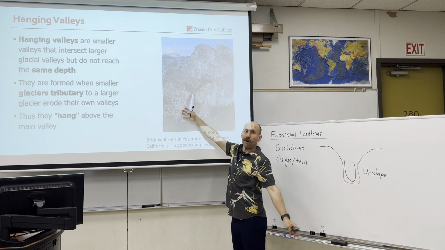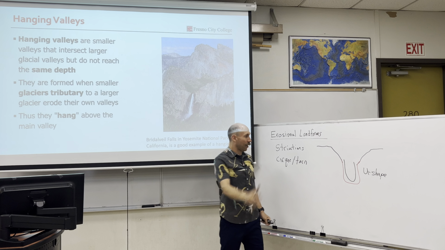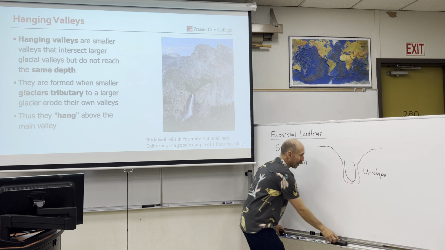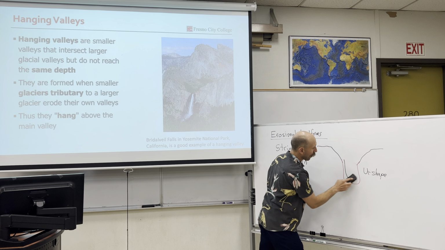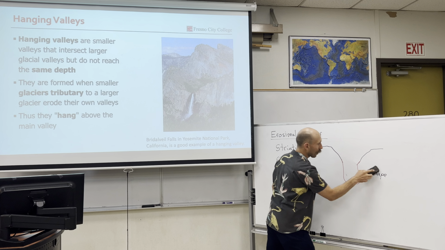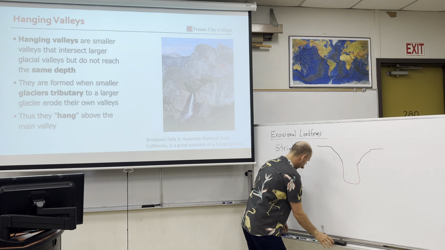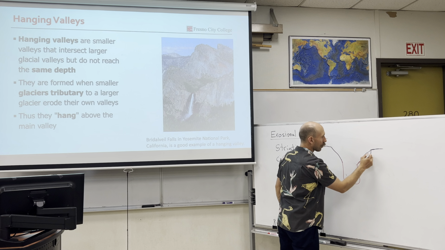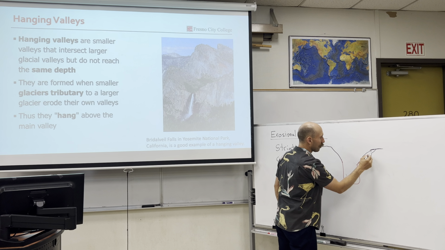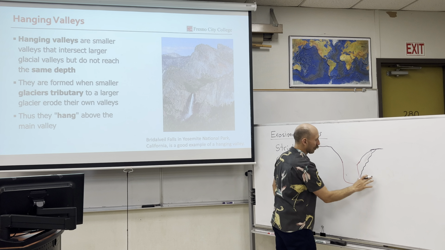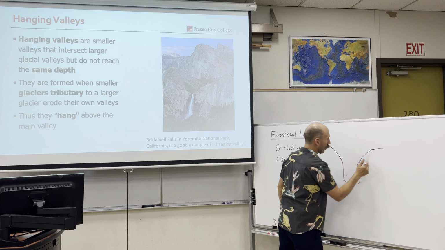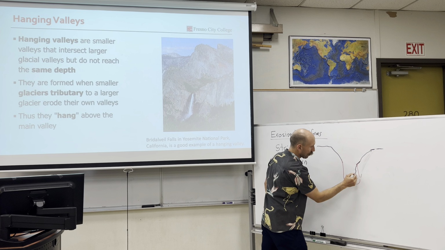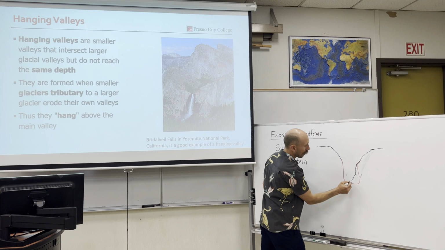This is Bridal Veil Falls. Why is Bridal Veil Falls there? Well, it's going to go a little bit like this. We have our U-shaped valley. And the river was carving down something like this. Actually, it was carving down something like this into the V to meet it.